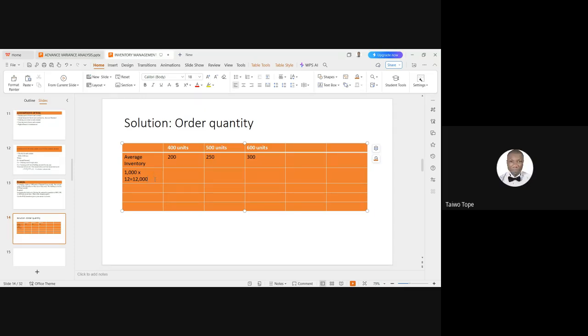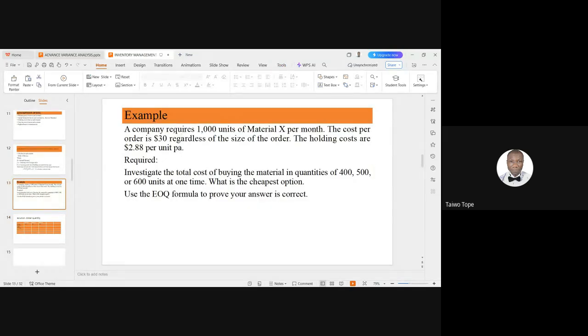30 orders. Let me explain again. Going to the question, a company requires 1,000 units of material X per month. Now, in a year, how many units will they need to buy? 1,000 times 12, right?